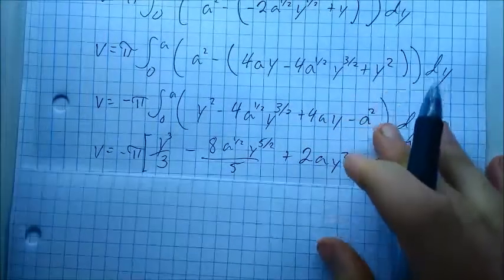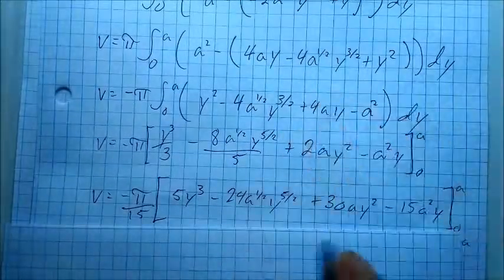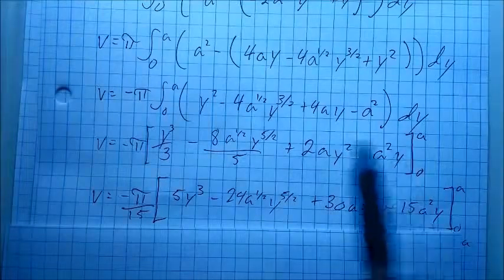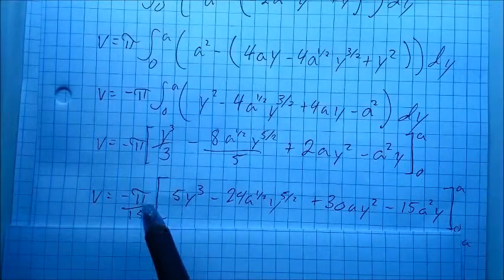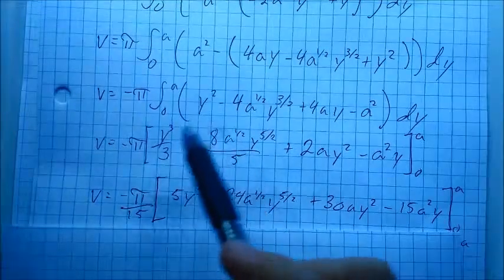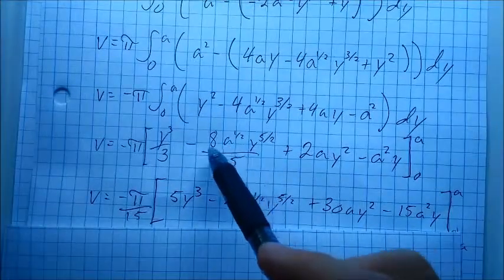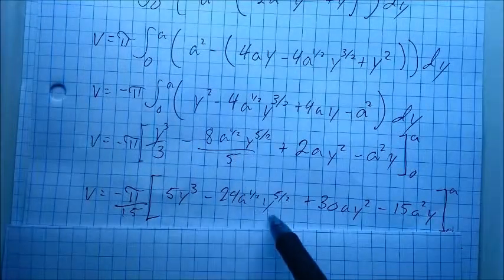Now from here, I'm going to factor out a 15 in the denominator because I want the inside to be nice and easy to plug numbers into. So negative pi over 15. This one had a 3, I need to give it a 5, so it's 5y cubed. This one has a 5, it needs a 3, so it's negative 8 times 3 is 24 a to the 1/2 y to the 5/2.